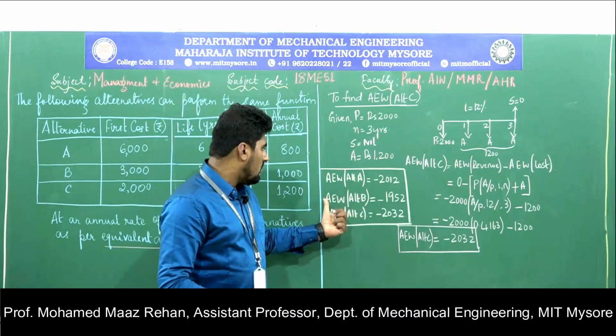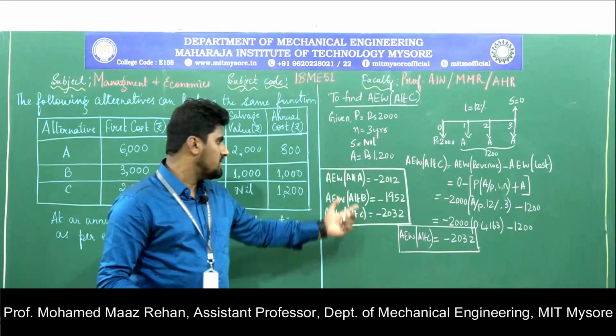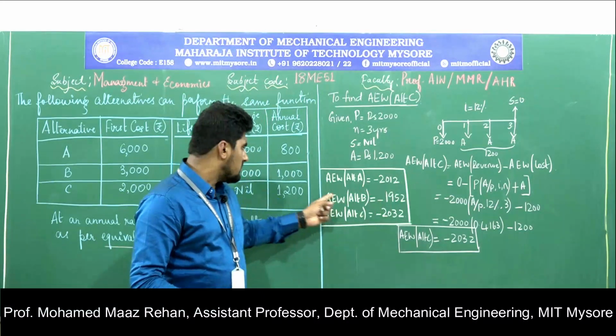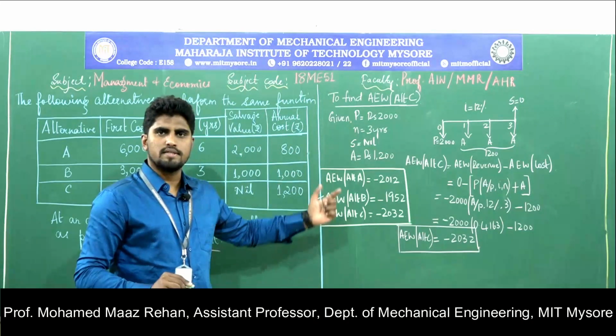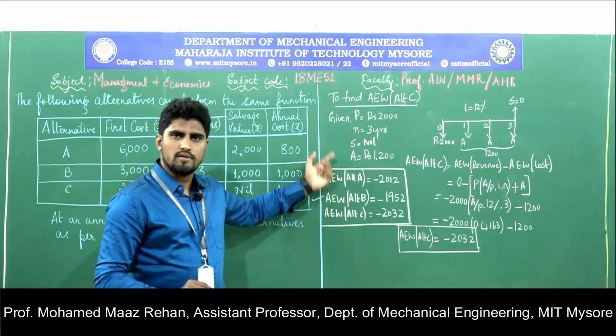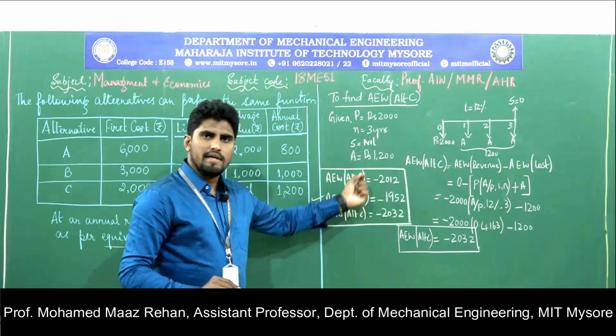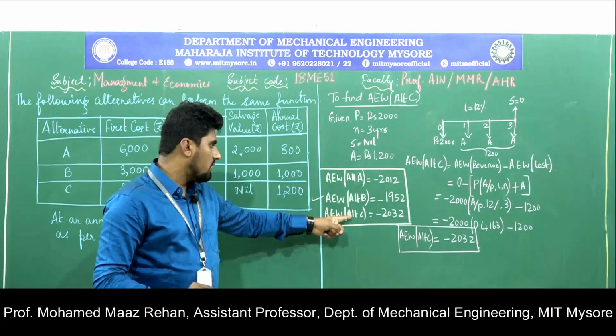Comparing these three, alternative B has the least value, so alternative B can be chosen. This is what you need to conclude. So by comparing the various alternatives, alternative B is the best alternative compared to alternative A and alternative C.